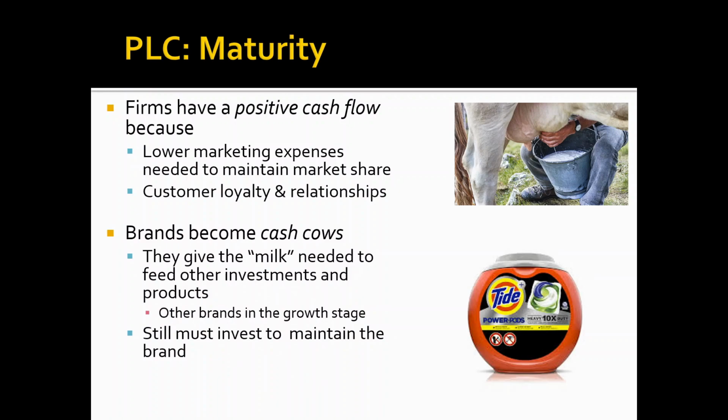So brands in this period or this time in the product life cycle are called cash cows because they give off the milk that you need for investing in new products. They provide enough revenue and profit that you can take the money out of the business and use for whatever you want. Tide's been number one in laundry detergents since the 1940s. So it's a huge brand for Procter & Gamble.